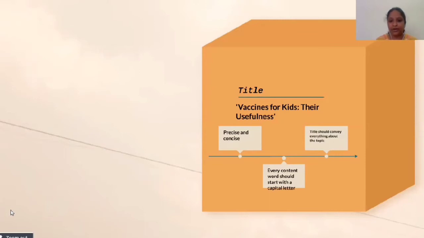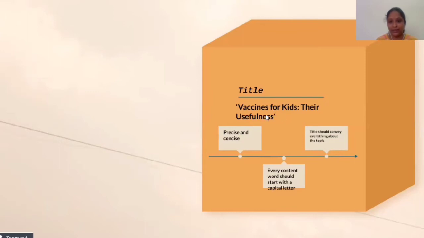And every content word in your title should start with a capital letter. See here, what are content words? Nouns, adjectives, adverbs, interjections, main verbs. These are all the content words. Prepositions, conjunctions, articles. These are called the structural words. So here the content words are vaccines. It's a noun. Kids, noun. Usefulness. It is also a noun. And for is a preposition, so we have used lowercase letter.